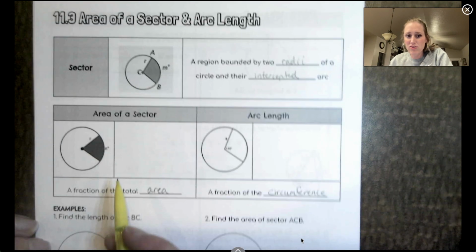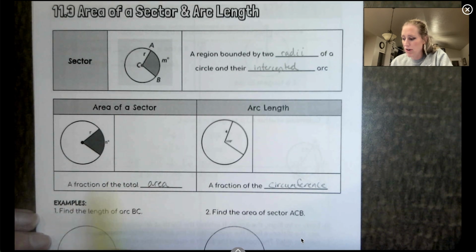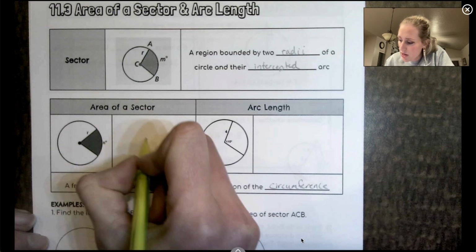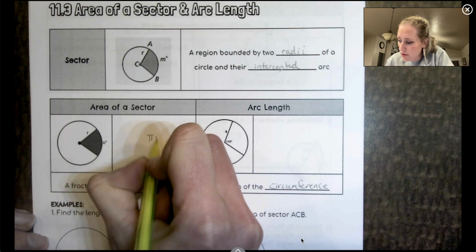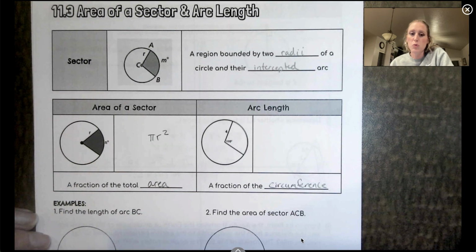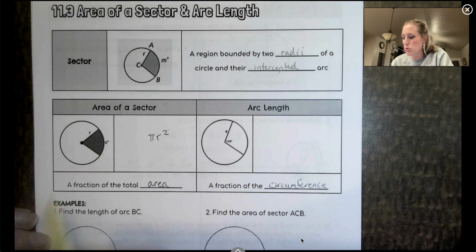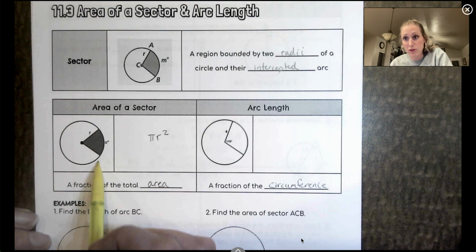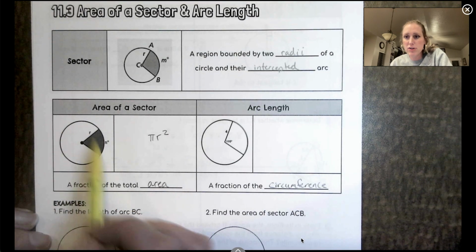What a sector really is, is just a fraction of the total area of the circle. The area of a circle is pi r squared, which would be the entire area. But we don't want the entire area, we just want a fraction of it. We know that in every circle, all the way around is 360 degrees.